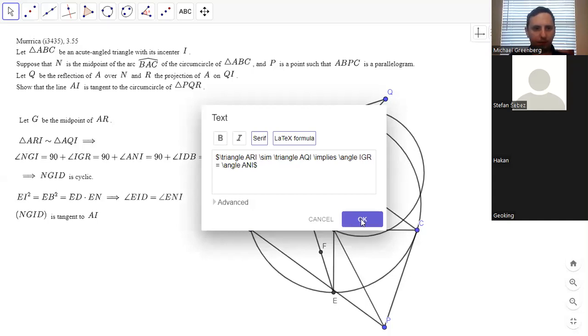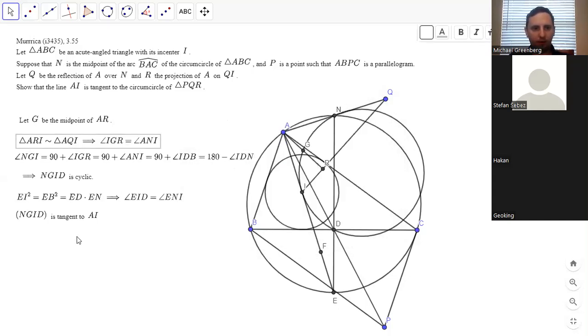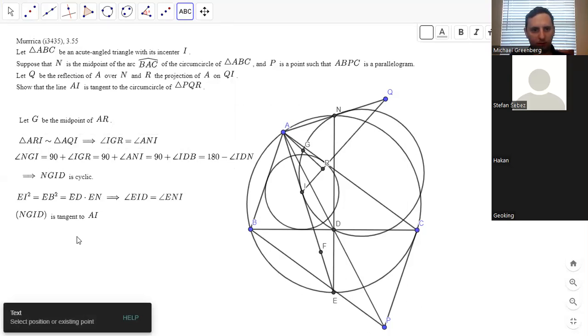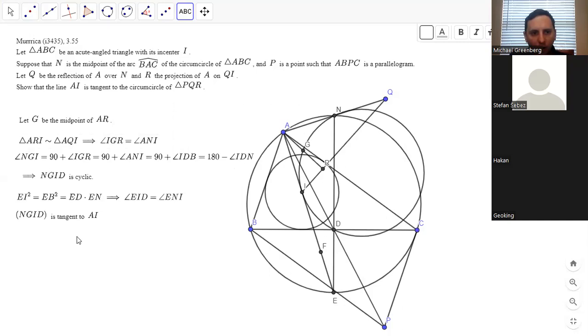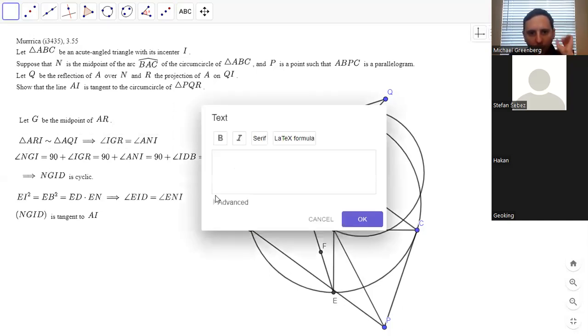There we go. And then by a homothety at A with factor 2, the circle PQR is tangent to AI.